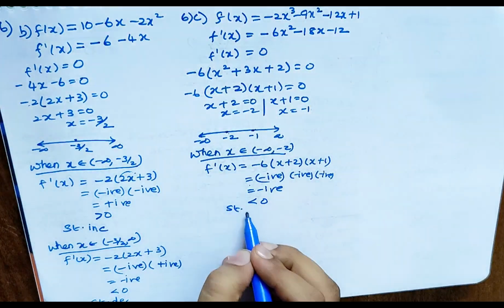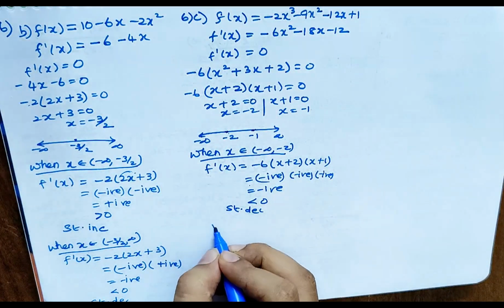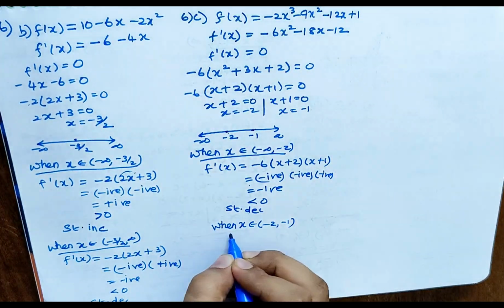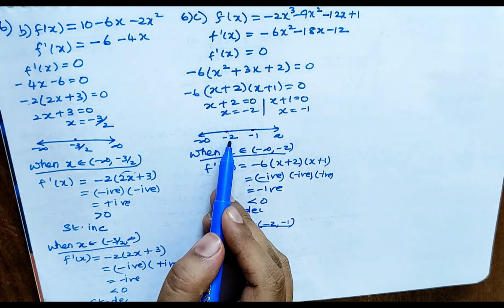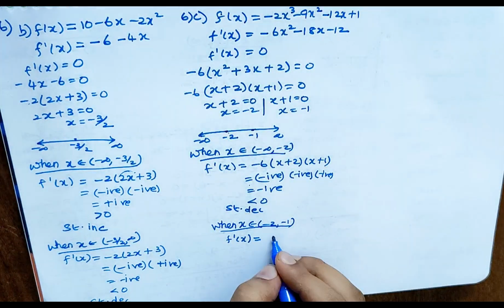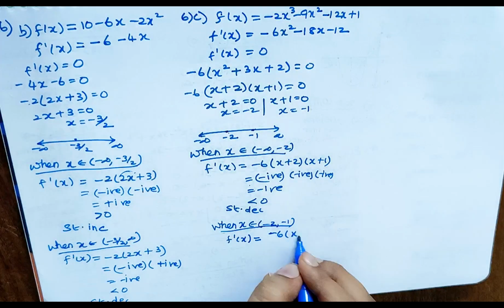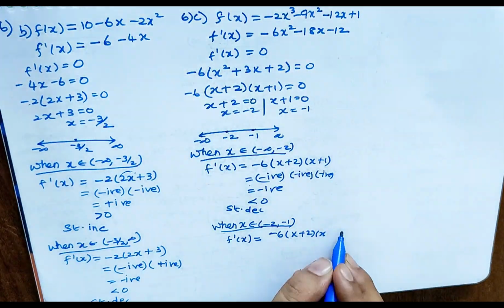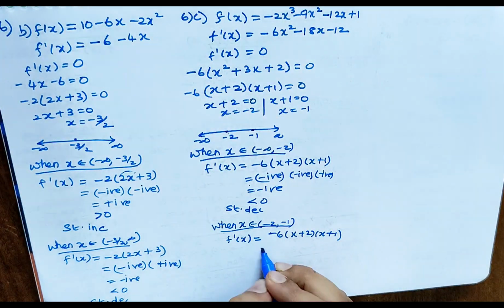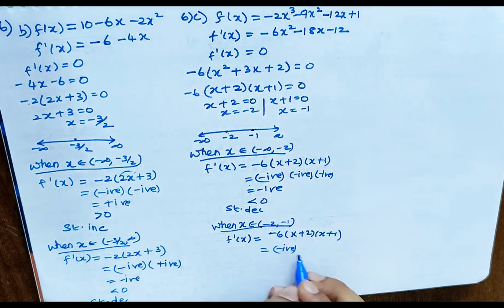The function is strictly decreasing on minus infinity comma minus 2. Now when x belongs to the interval minus 2 comma minus 1, that is, the x values are greater than minus 2 but less than minus 1, the derivative is f dash of x equal to minus 6 into x plus 2 into x plus 1. If you see here, outside we have a minus value.